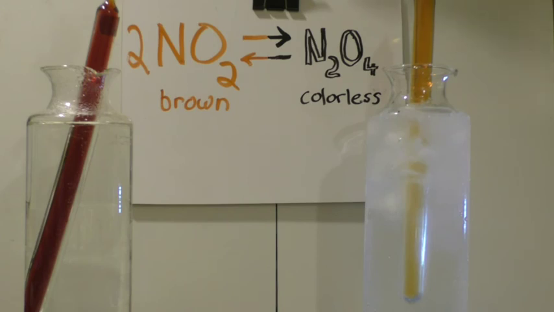The rates in the forward and the reverse directions are the same, but the concentrations or amounts of reactants and products that exist and never change are going to be different at different temperatures.